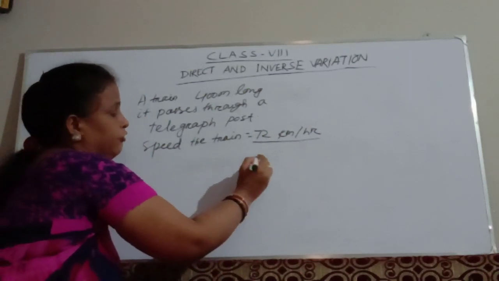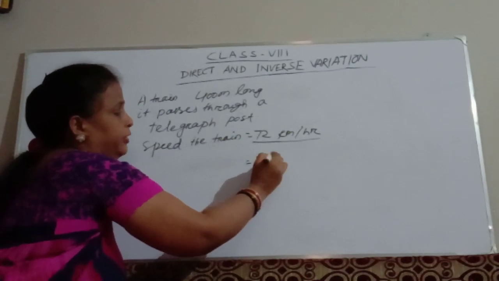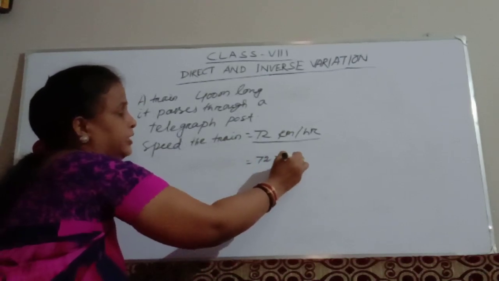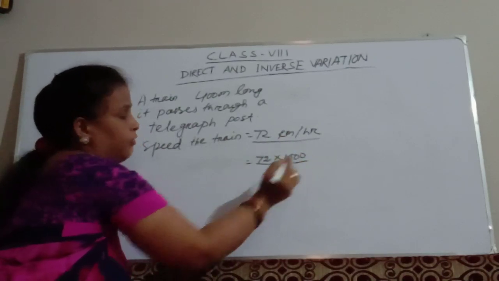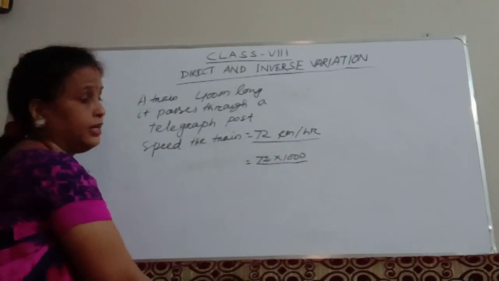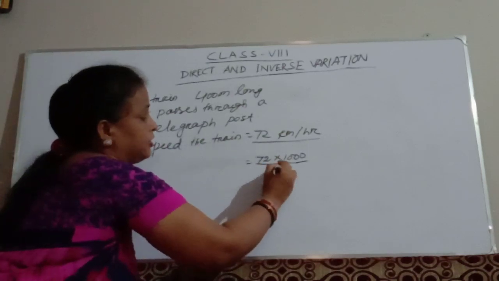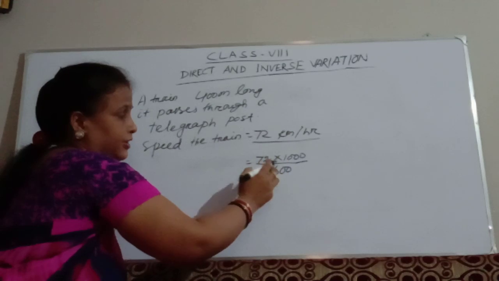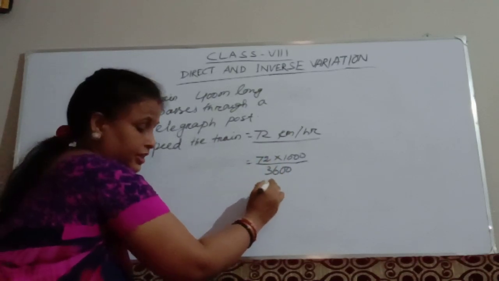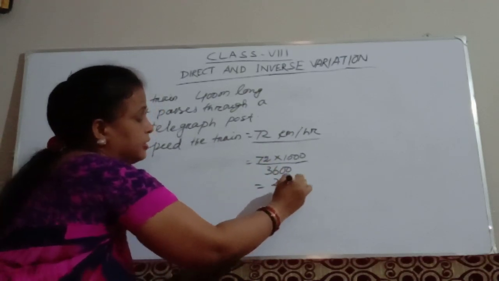So how will you convert? As you know, 1 kilometer is 1000 meters, so multiply with 1000. And in 1 hour, how many seconds are there? 3600 seconds. So when you multiply like this, the result is 20 meters per second.